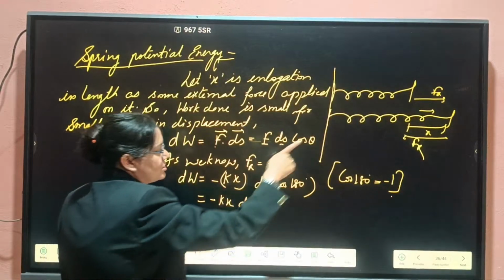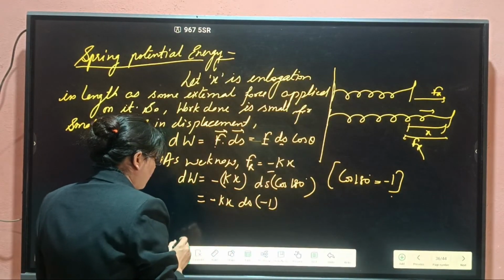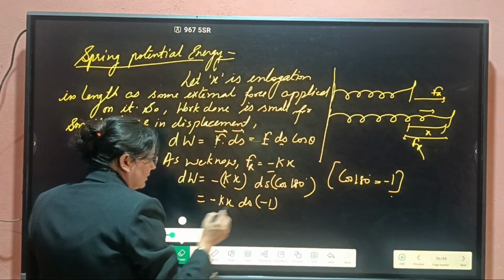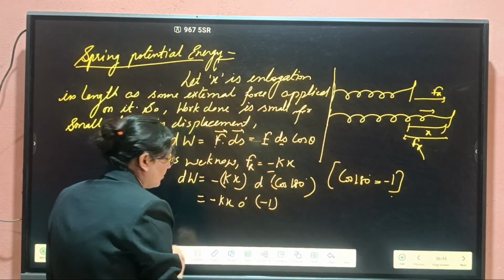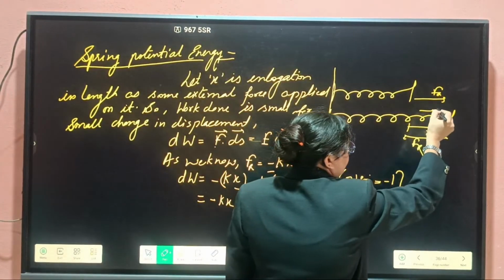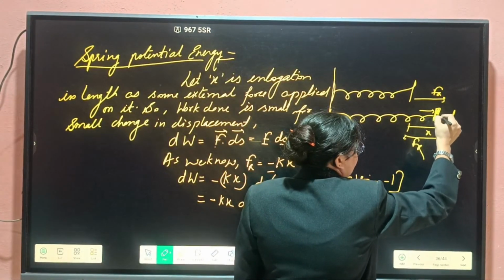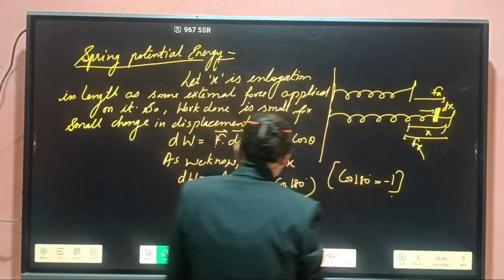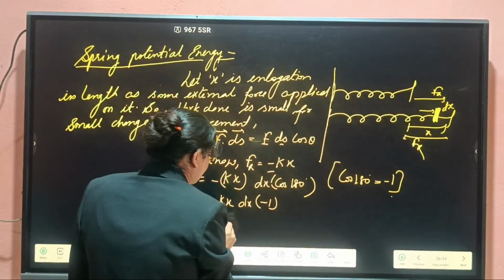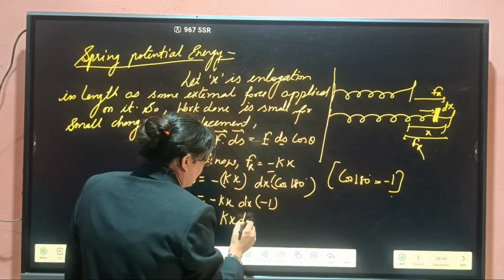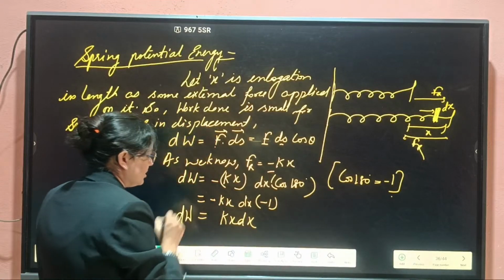Okay, small change in displacement, in terms of x we are using dx only. So minus minus will be positive, and what is left is dW, the small change in work done.